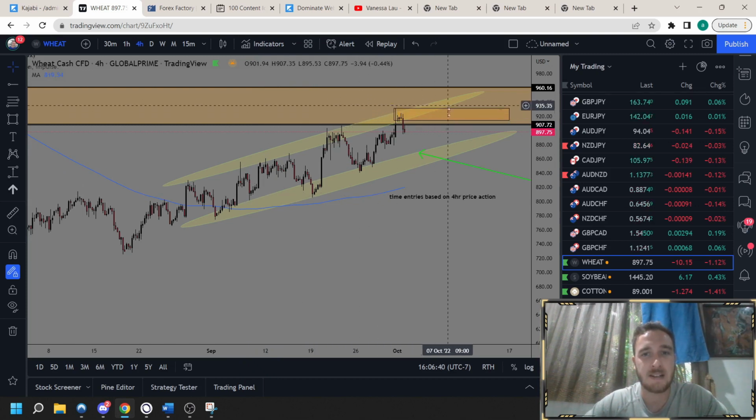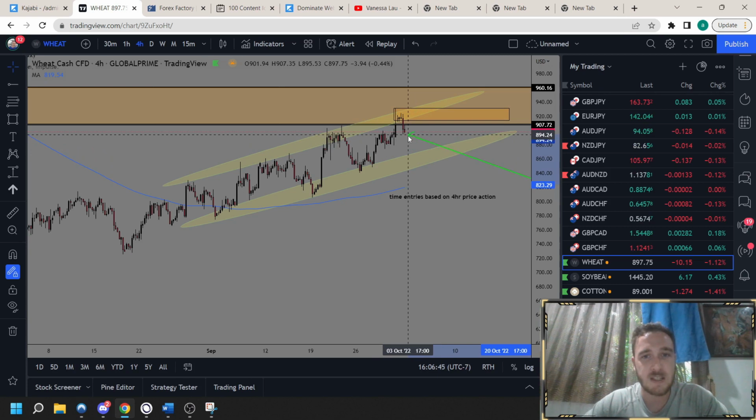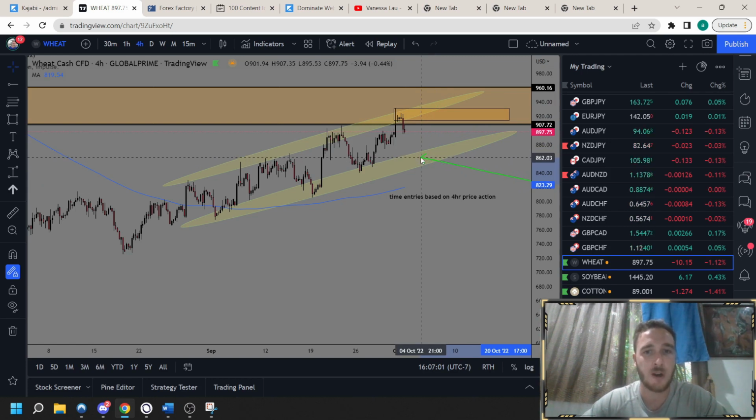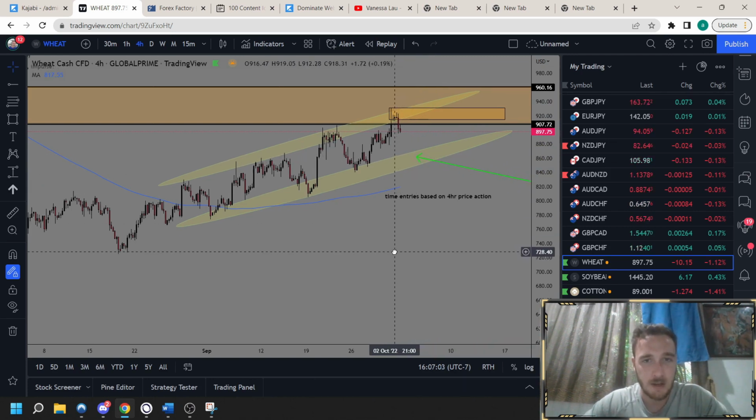Yes, we are inside higher time frame supply. I agree, it's great. But prices have now made its correction move, and based off of the last 1, 2, 3, 4 times, after this type of move, the next impulse wave happens and makes a new high and goes deeper into the zone. So it's just probably not a wise idea, right?